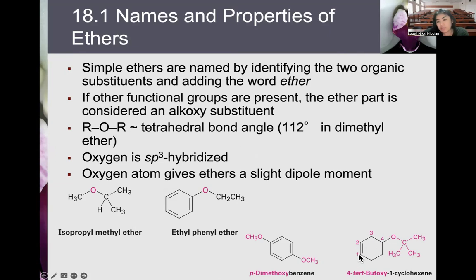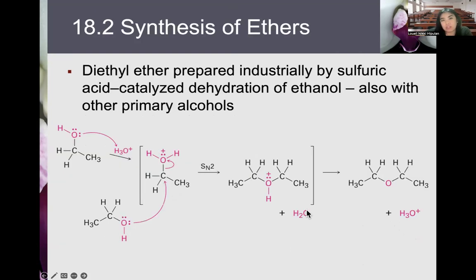If we start counting in your alkene ring here, 1, 2, 3, 4, on the fourth carbon of the ring there's the butoxy group attached to it. So it's called 4-tert-butoxy. Then this is the main family name. You have one, because you have the double bond here, so 1-cyclohexene. So that's how you name them.